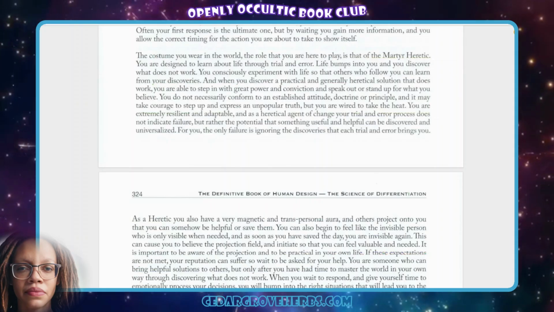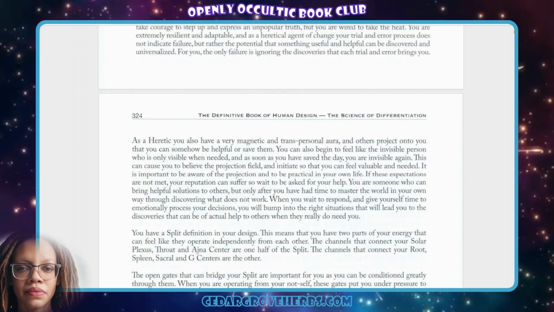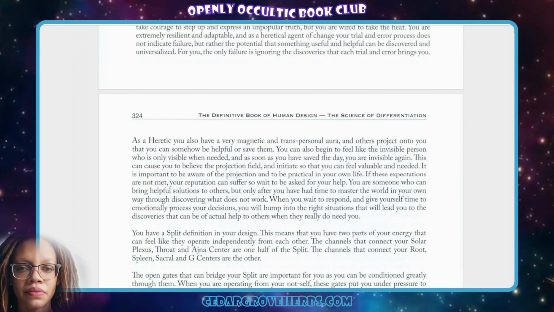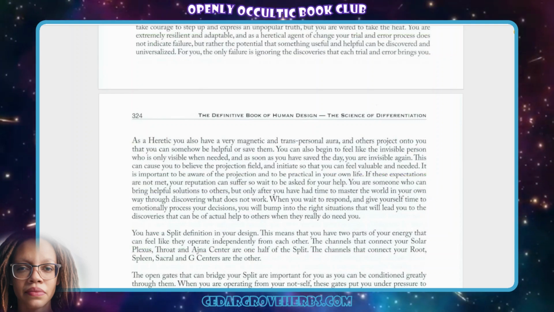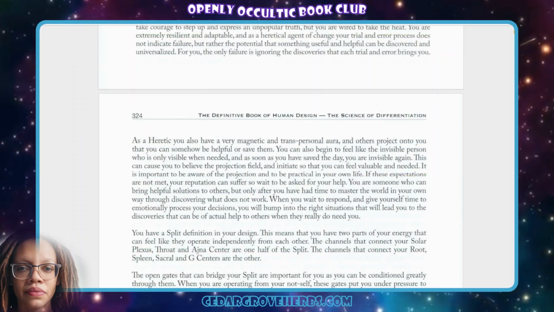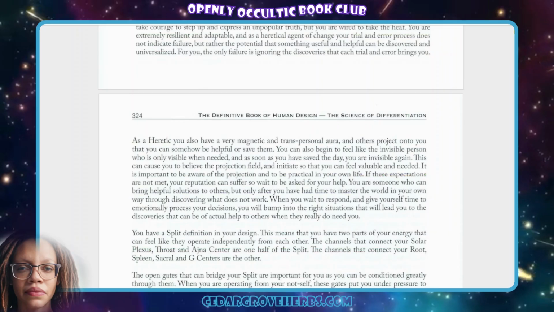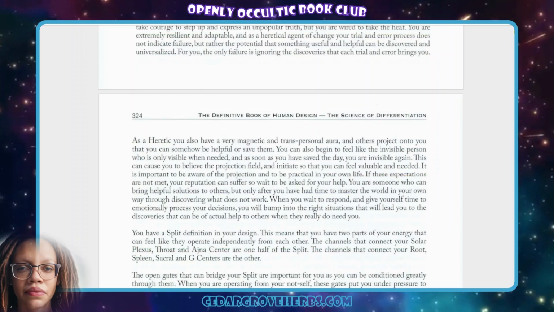Don't ignore it, pay attention. As a heretic, you also have a very magnetic and transpersonal aura, and others project onto you that you can somehow be helpful or save them. You can also begin to feel like the invisible person who is only visible when needed. And as soon as you save the day, you're invisible again, right?